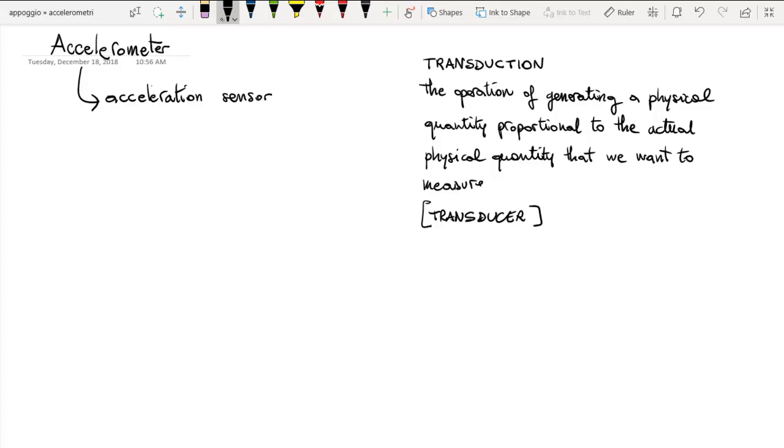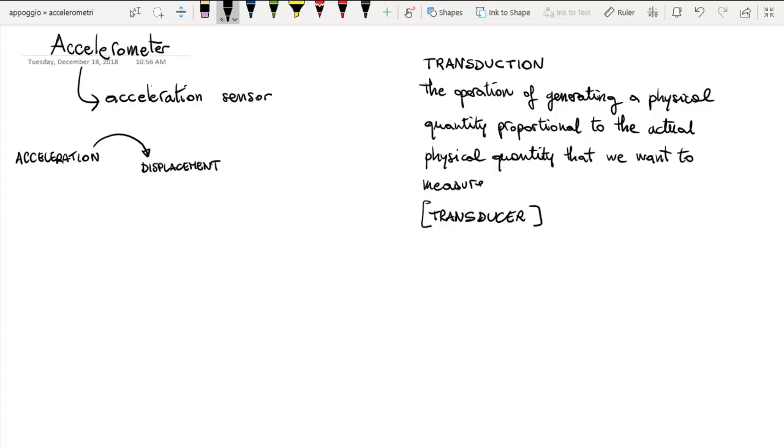In the case of the accelerometer, what we do is the following. We start with the acceleration, which is the quantity that we want to measure. And then we convert this acceleration into a displacement, and we need a transducer to do that.